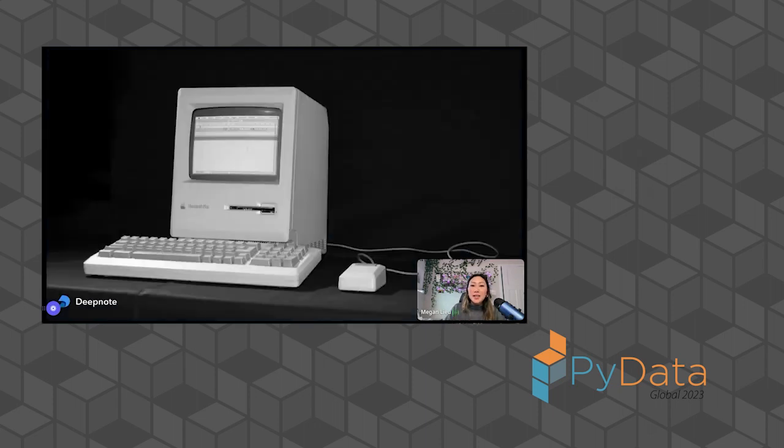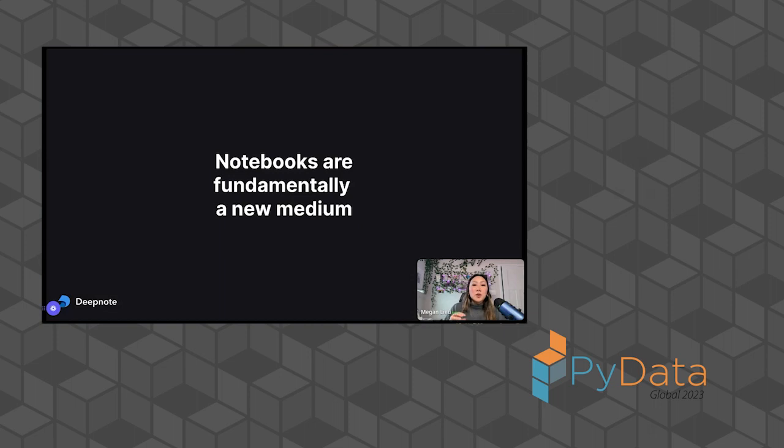And so what we need is a fundamentally different medium from the tools of the past. We really see notebooks as that solution that can bring together siloed tools and practitioners to be the center of gravity for that vision that I have outlined.